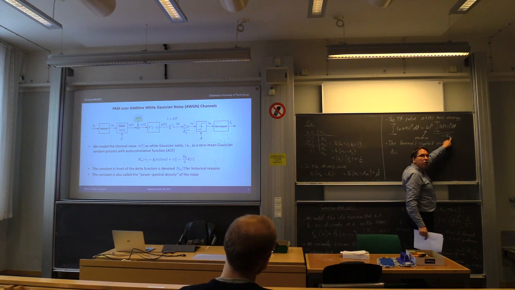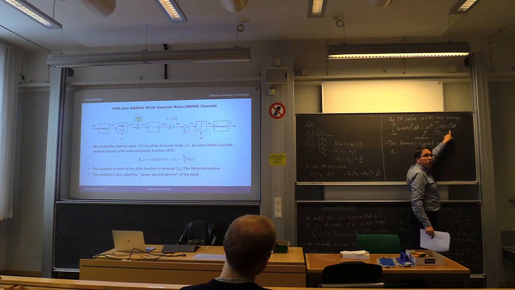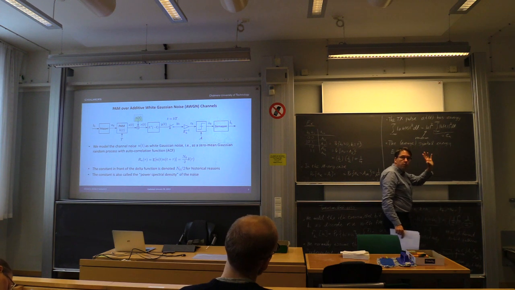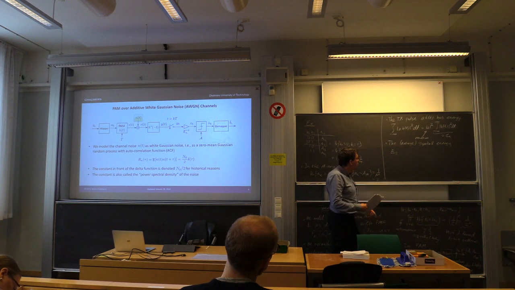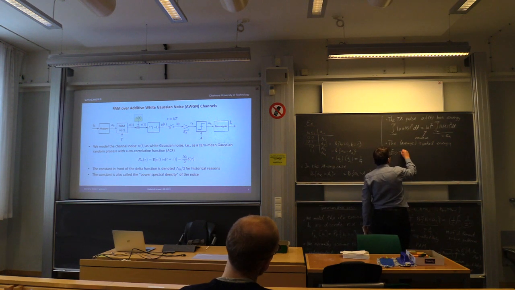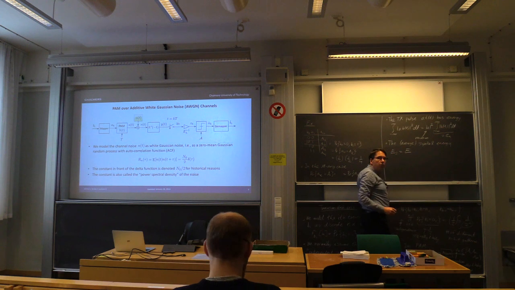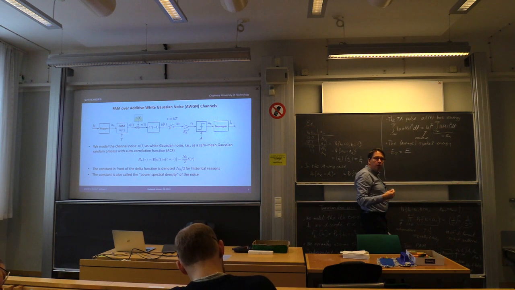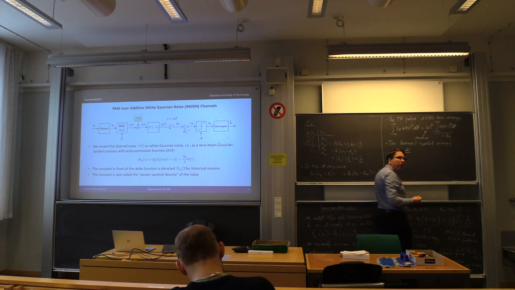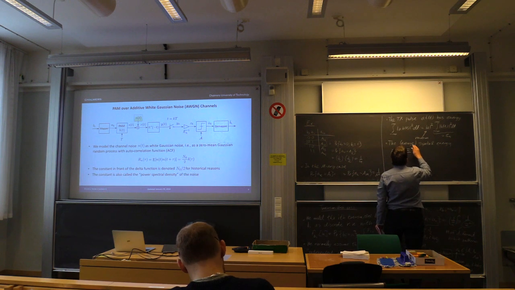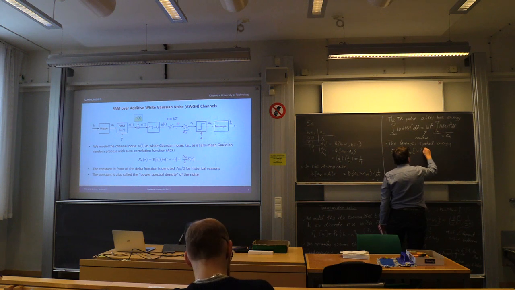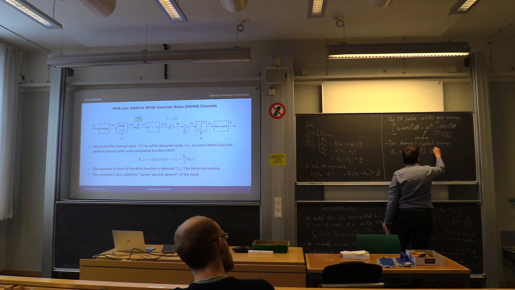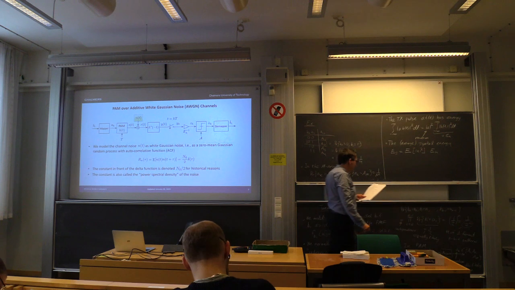E subscript h is the energy for the pulse. Just to make clear what this means, the energy per symbol is, and then there is another E which is the expected value operator, so it has nothing to do with energy at all. It's a little bit confusing, maybe, the terminology here, but it's the expected value of this energy, which is the expected value of the magnitude of A squared times E_h.